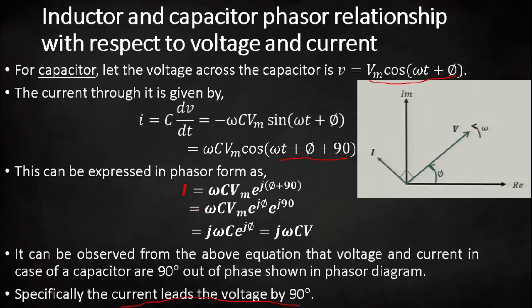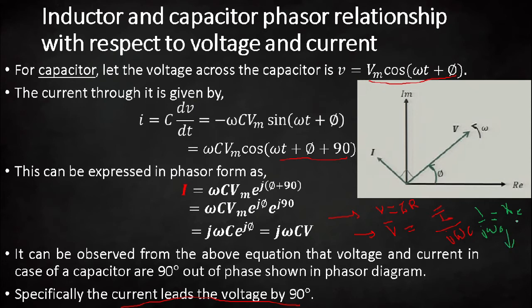In the same way, you can compare with Ohm's law, that is V equal to I multiplied by R. But here I is equal to j omega C V, so you can rewrite this equation as V bar equal to I bar divided by j omega C. This term, 1 divided by j omega C, has the same quality as resistance, which opposes the flow of current, and it is known as Xc.